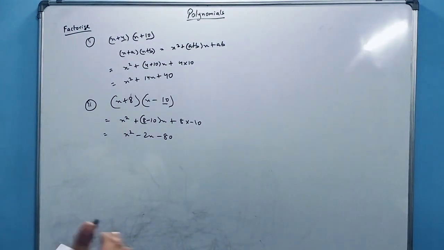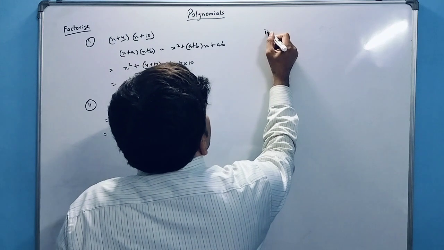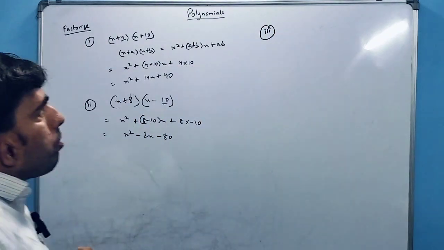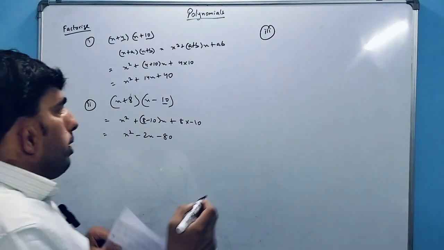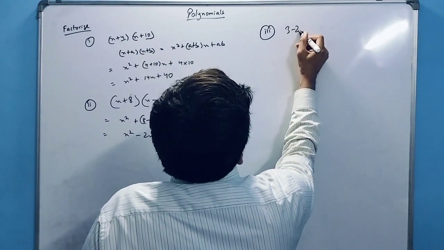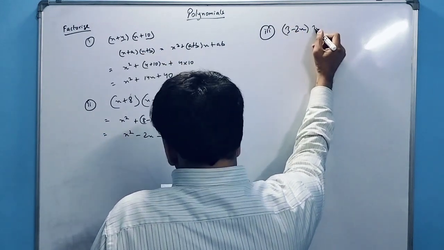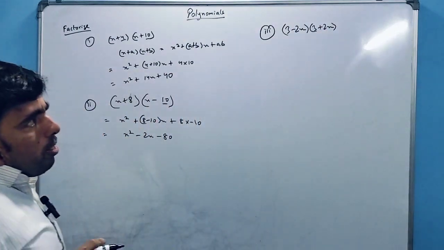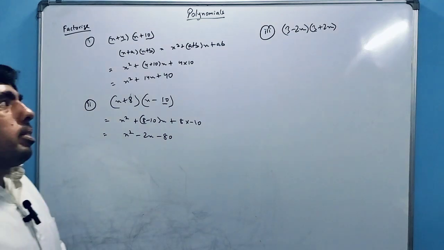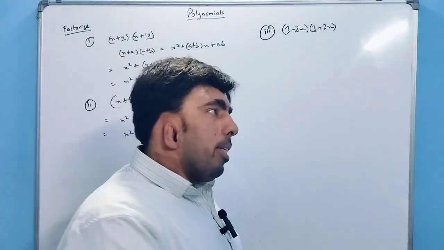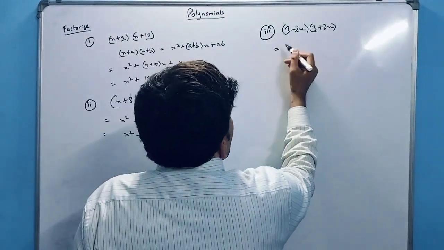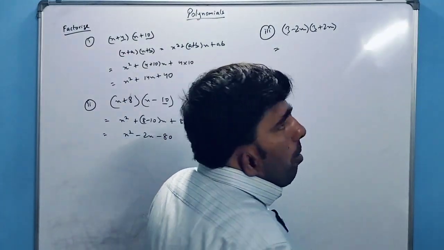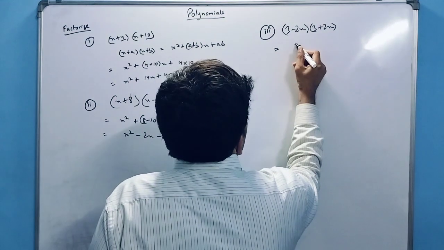Now the third one. Third case, they are saying how to solve it. Third question is (3 - 2x)(3 + 2x). Okay, here we will use a different identity. Now the different identity is (a + b)(a - b), that is a square minus b square.